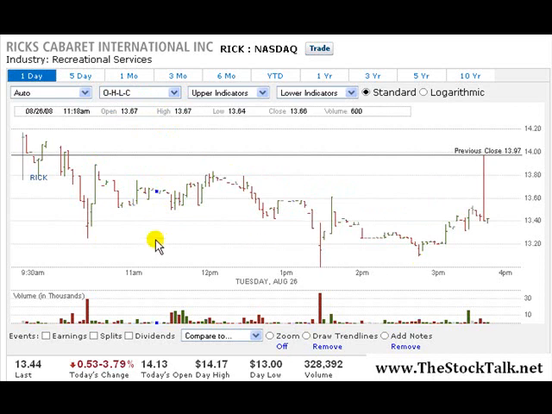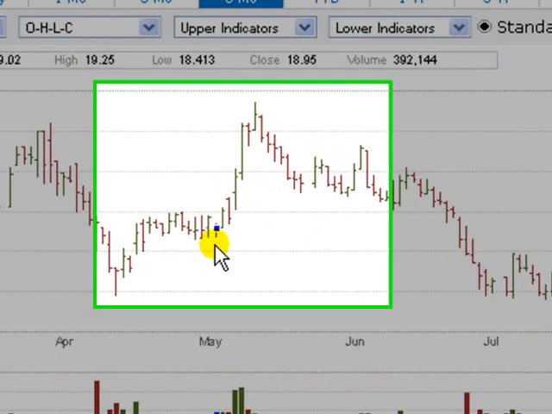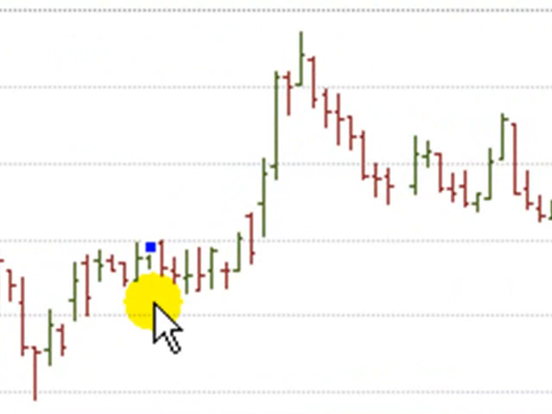And this graph is a little weird because it's intraday, so we're going to look at a 6-month graph, daily. So each one of these bars represents a day of price movement and trading. So the idea with open, high, low, close is you're going to have a main bar with a tick to the left and a tick to the right.